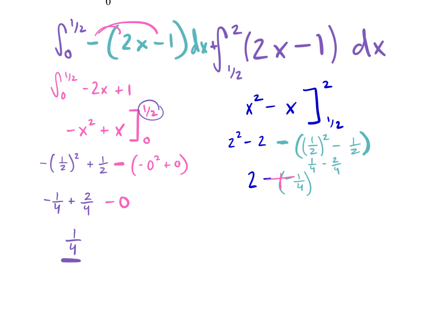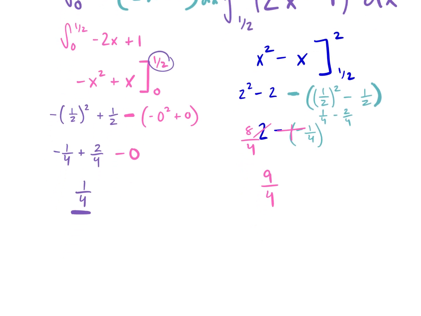So I'll call this 8 over 4. So this turns into 9 over 4. Any questions on how we got that? Then we just add these two together. We get 10 over 4, which would simplify to 5 over 2.